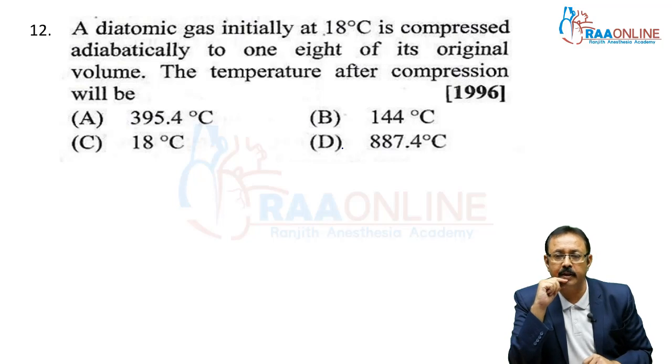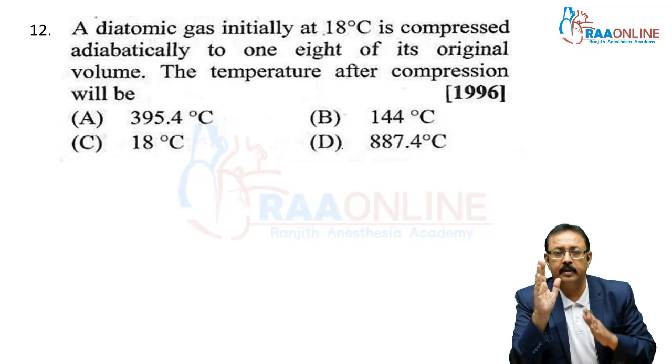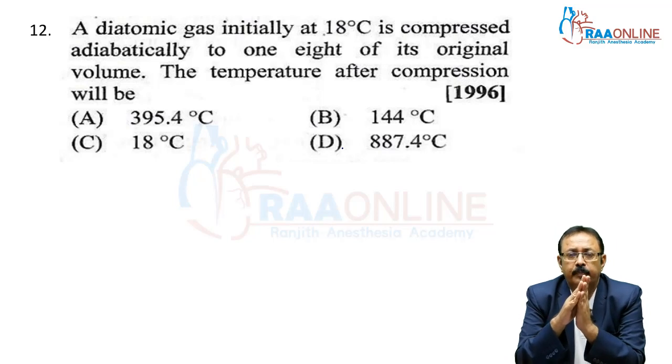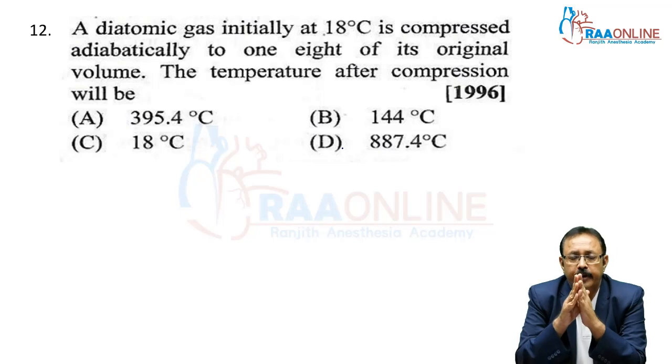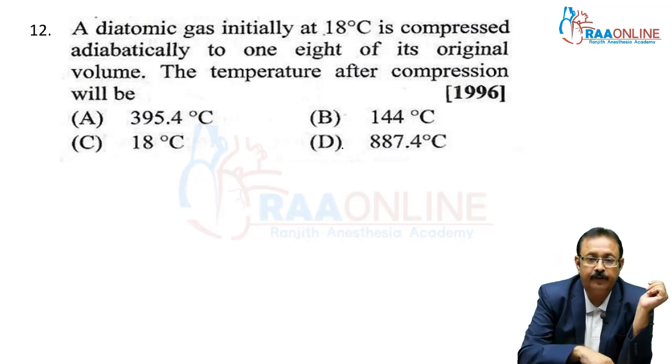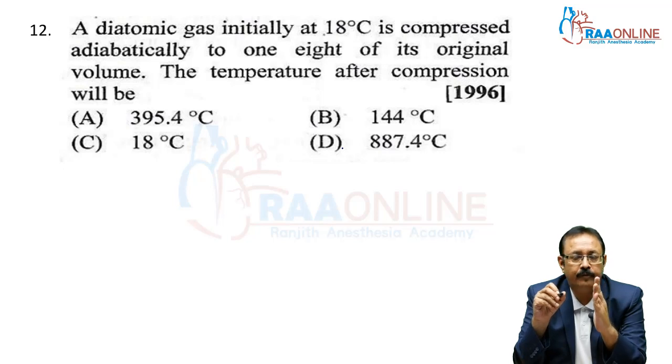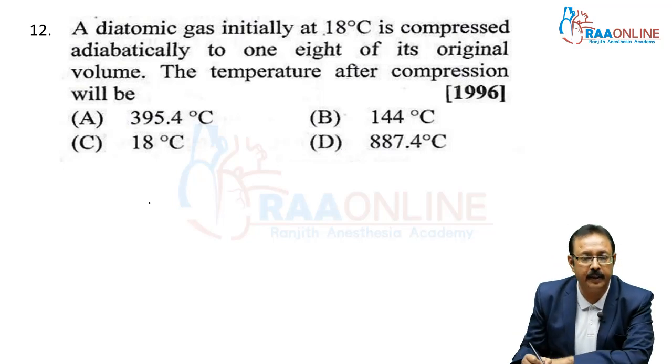The temperature after compression will be, means process is adiabatic, volume is changed from V to 1/8 of its original, V by 8, and we want the change in temperature. Temperature after compression means first we have to find a relation between temperature and volume. Again it is an adiabatic process.